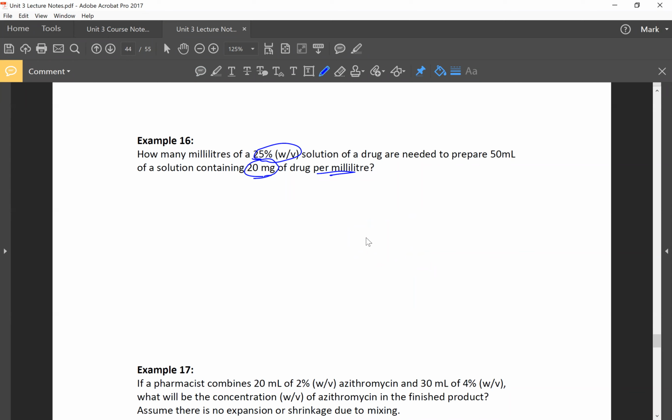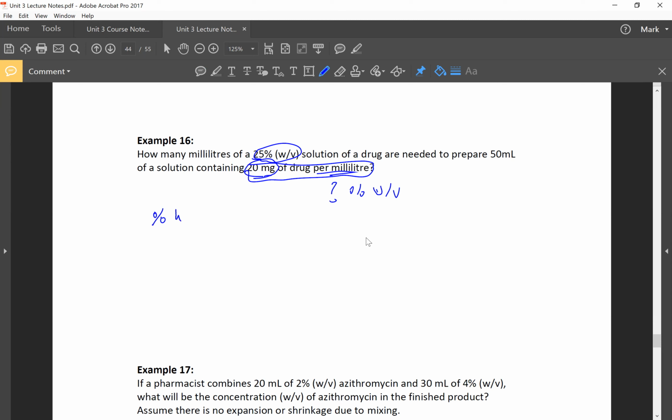So the first step here is to find the concentration in milligrams per milliliter for the first one, or weight over volume for the second one. So what I'm going to do first is change this to the concentration of weight over volume.